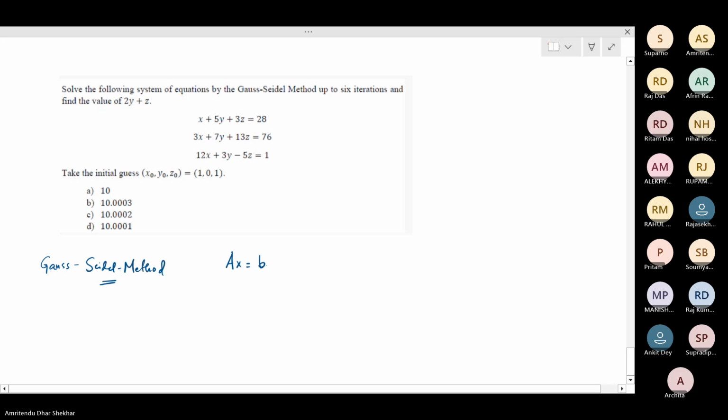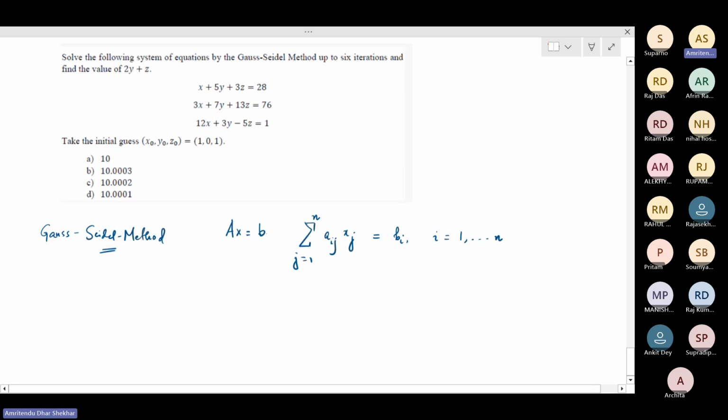For example, if you have a system of equations of the form summation of a_ij x_j for j equals 1 to n is equal to b_i, where i varies from 1 to n, you can write the system of equations in the form Ax equals b, where A is the matrix whose entries are the coefficients a_ij.